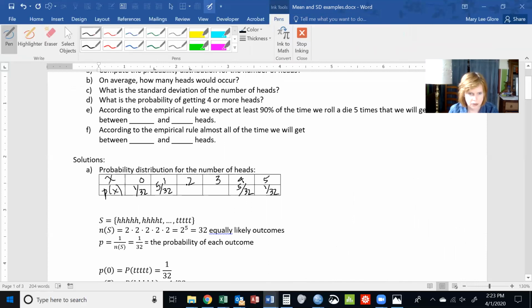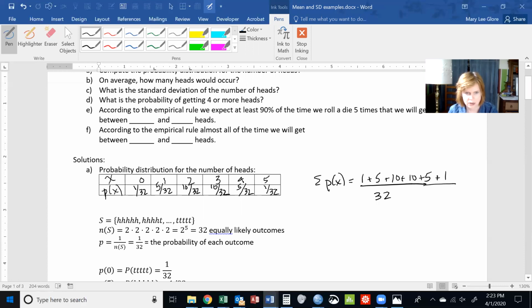All right, so this is going to be 10 over 32, and this is 10 over 32. There's my probability distribution. I should probably verify that the sum of all the probabilities is 1 and make sure I did all my calculations properly. So I got 1 over 32 plus 5 over 32 plus 10 over 32 plus 10 over 32 plus 5 plus 1, right?